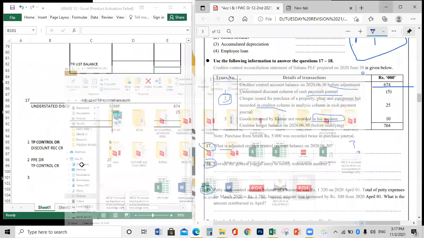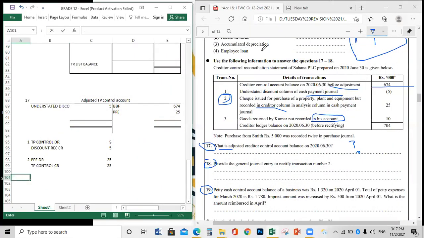Okay, so after that, now see, there is another adjustment. They say, note, purchase from Smith 5,000 was recorded in the purchase journal twice. You have recorded when you purchased from Smith 5,000, he is a trade payable. You went and recorded it twice. Tell me, guys, if you record it twice, will it affect your control account?